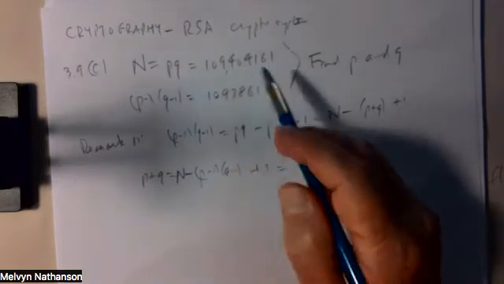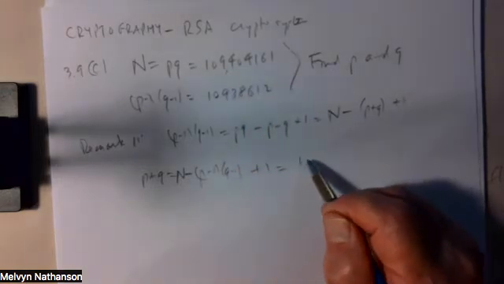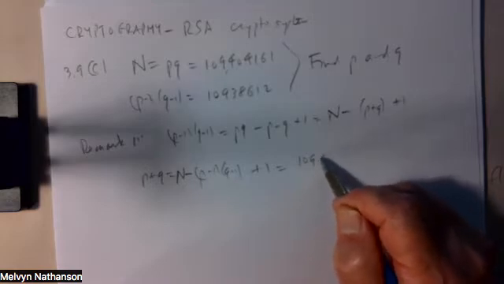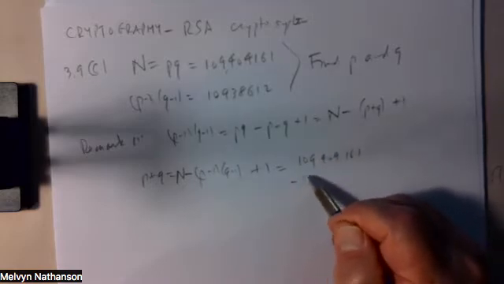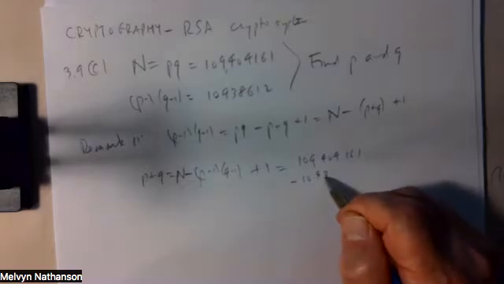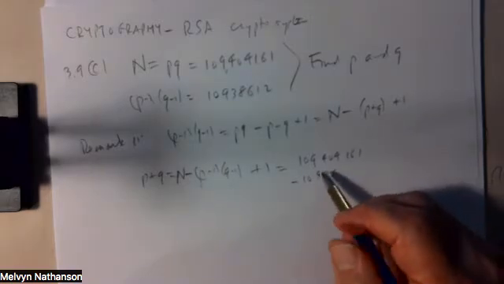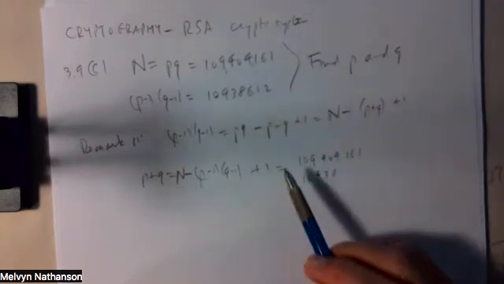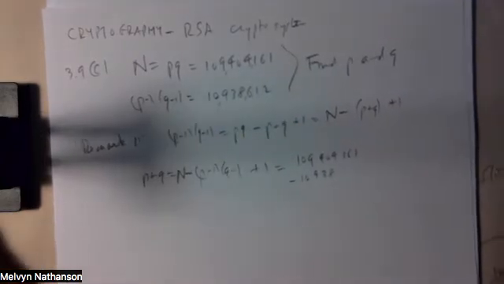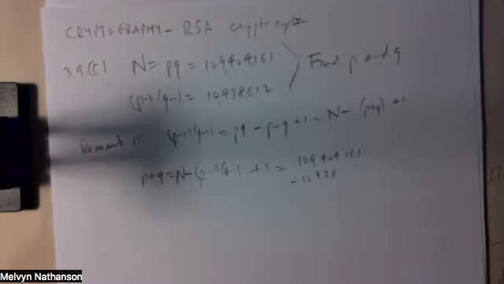What is that equal to? n is 109,404,161. I subtract 109,380,612. I just want to make sure I didn't write down these numbers wrong. Something doesn't look right.